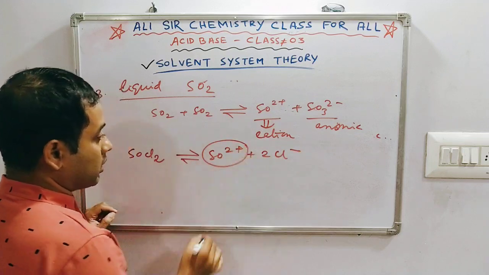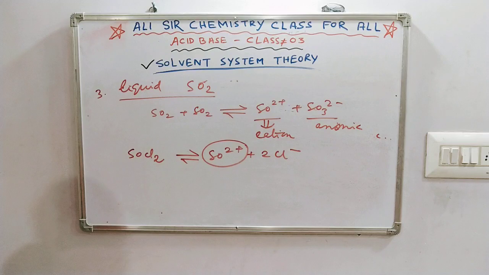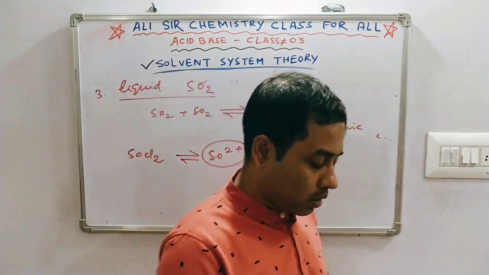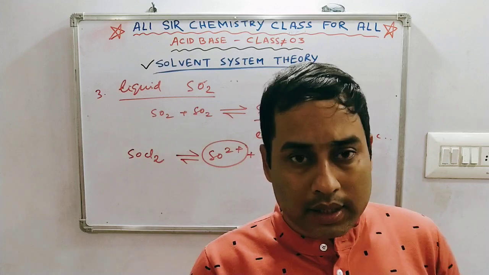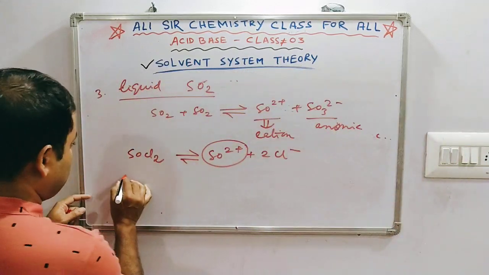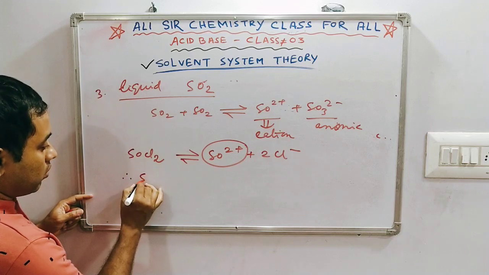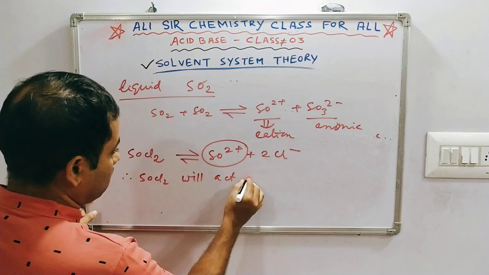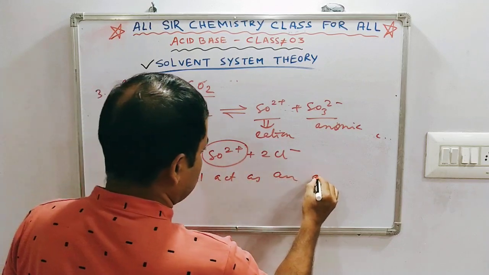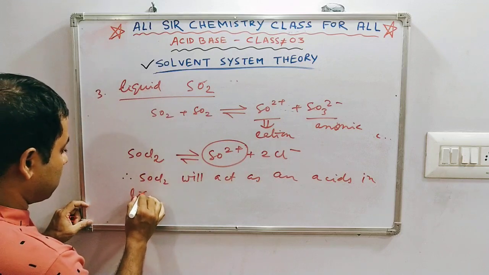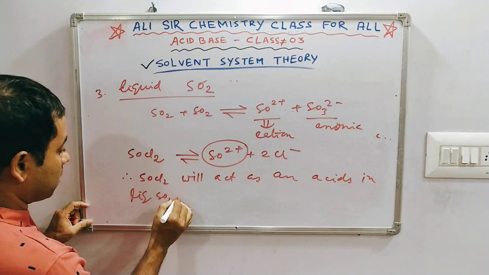SO2 2+ means the cationic part of the solvent, liquid sulfur dioxide. So SOCl2 will act as an acid in liquid sulfur dioxide.